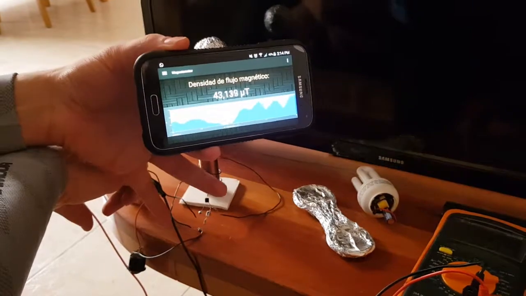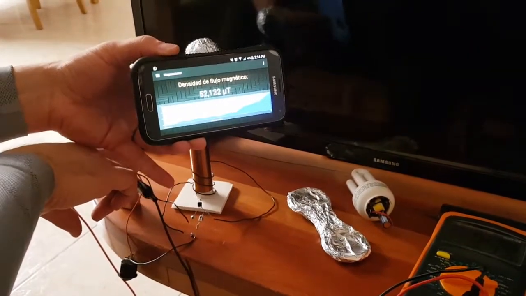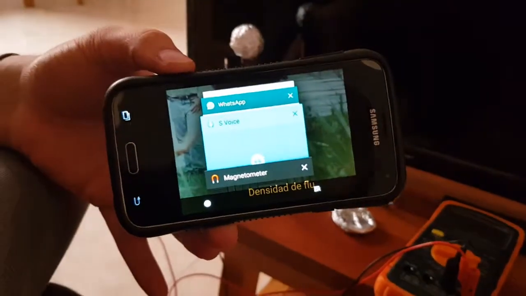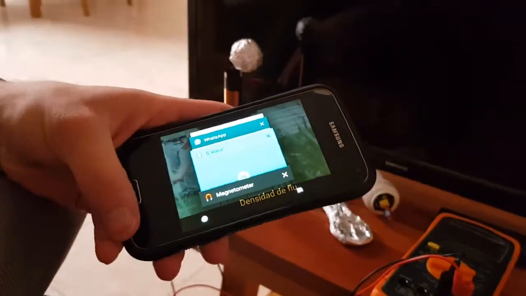I'm not touching anything. But I don't know why, that happens.